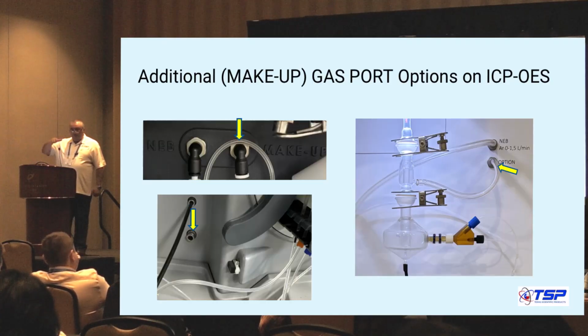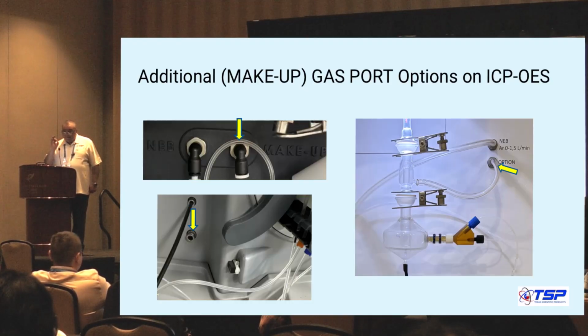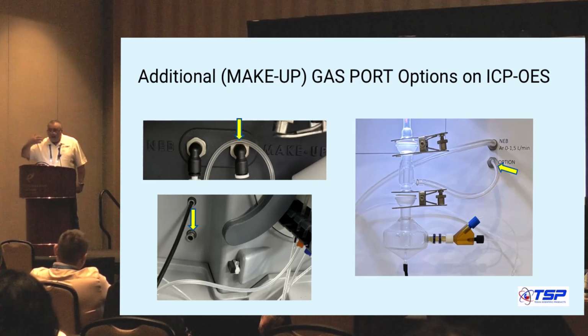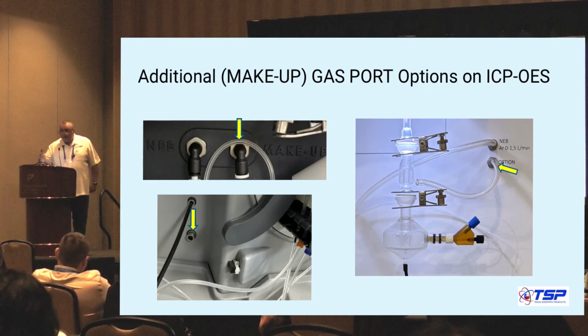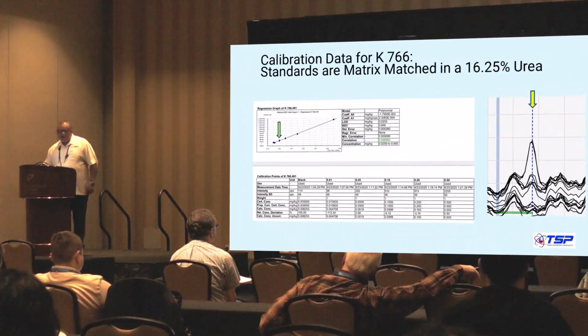I don't think it's available on PerkinElmer, but it can be handled through the external gas flow control. So if you really need to get better reliability with high solids, this makeup, additional gas, helps a lot, and you bring it right through this adapter. Yeah, that's the port for the additional gas.